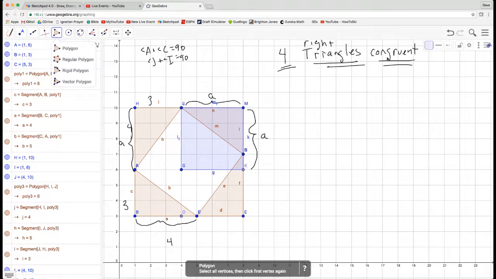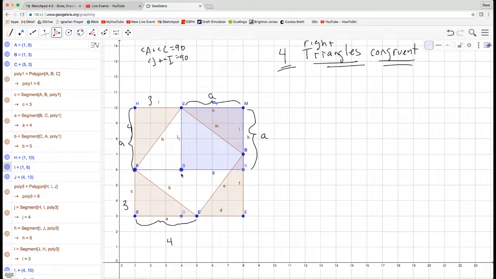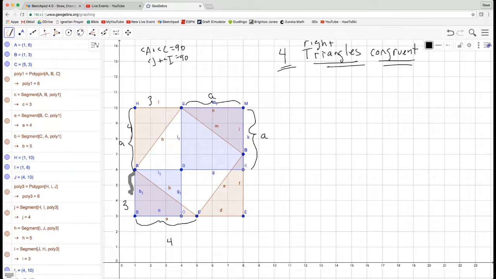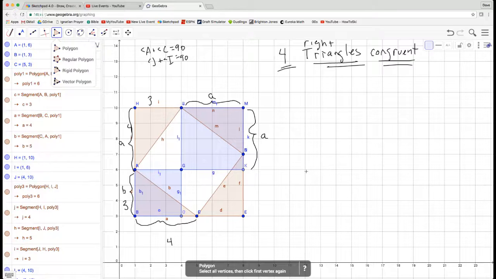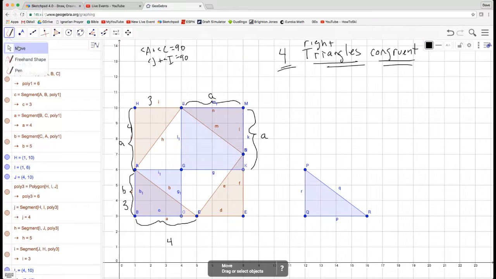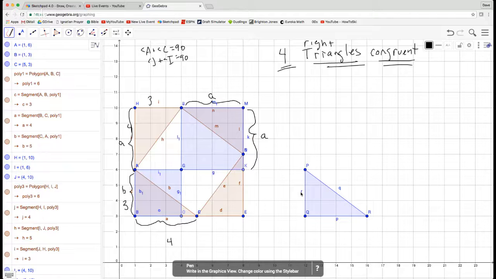Now let me draw you another square. This is a different size square. How big is this square? Well, from here to here, we know that this size is 3. We've already shown that. This is side B. Remember, we have a triangle that looks like this.